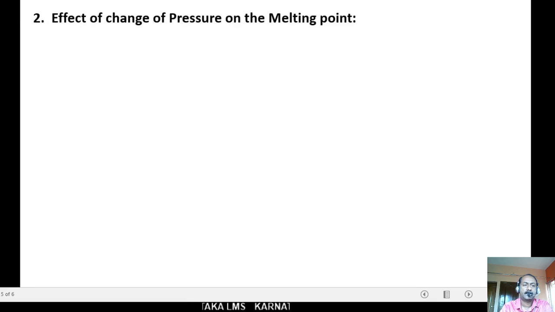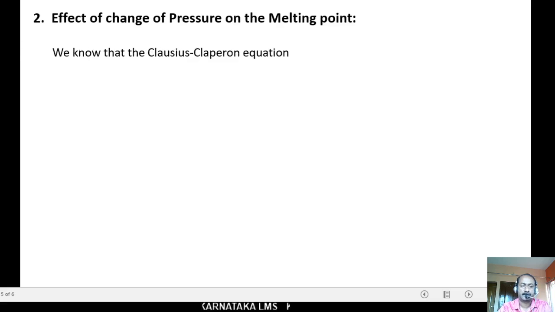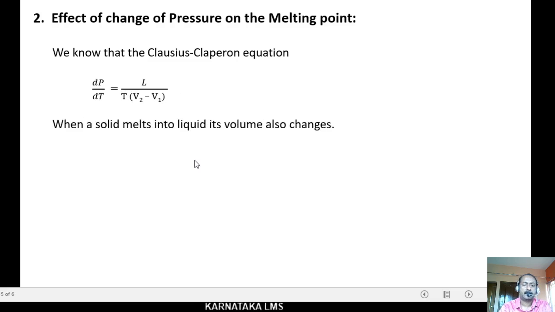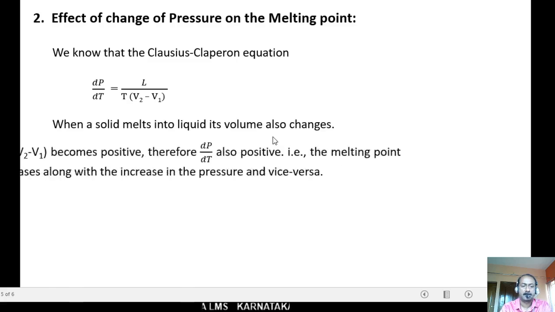Let us see the second application of Clausius-Clapeyron equation, that is effect of change of pressure on the melting point. For this, let us take the Clausius-Clapeyron equation, that is dP by dT is equal to L divided by T into (V2 minus V1). Here in this case, solid melts into liquid, and its volume also changes.